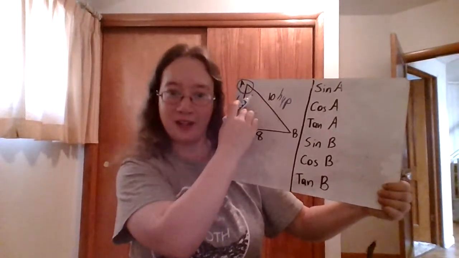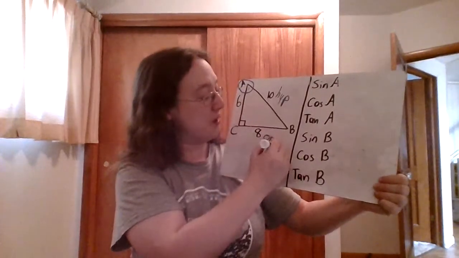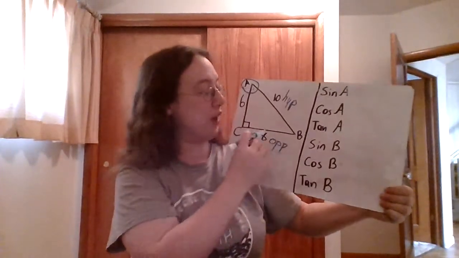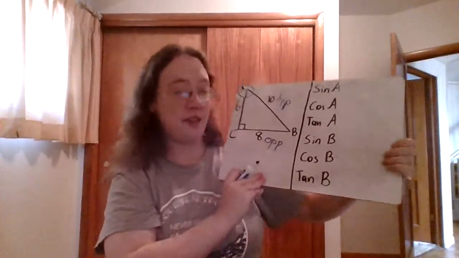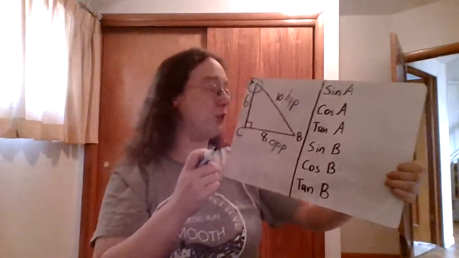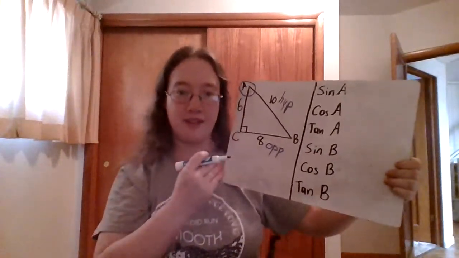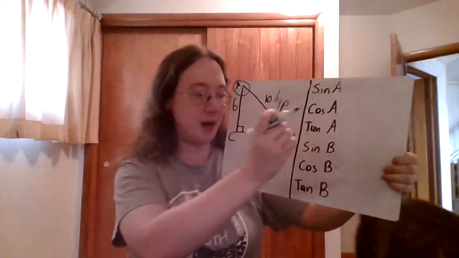So if we're talking about angle A, your opposite side is the one it doesn't touch. So that, in this case, is this bottom one here, which is 8. And then your adjacent side is the one that's next to your angle that's not your hypotenuse.